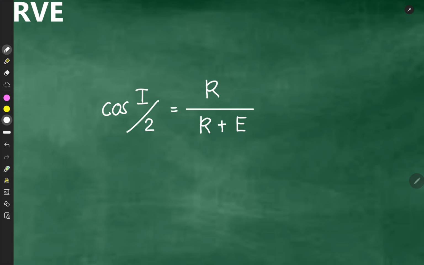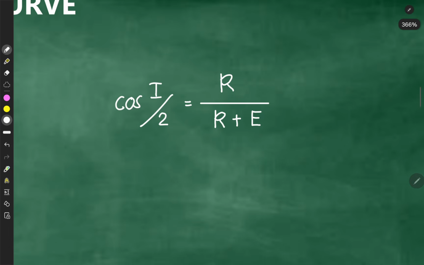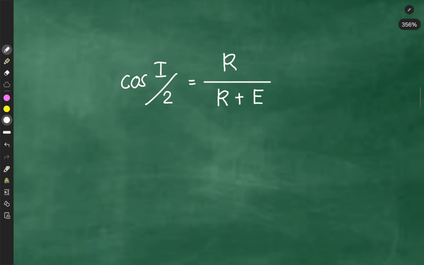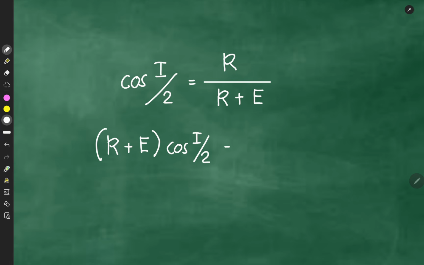Okay? So if we are going to consider this, let's just cross multiply. The equation will become R plus E multiplied by cosine I over 2 is equal to R. So, ito, multiply natin dito, i-multiply din natin dito.